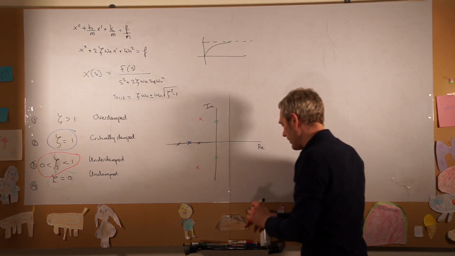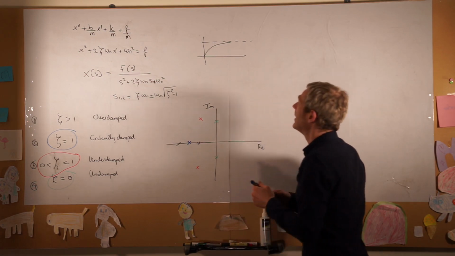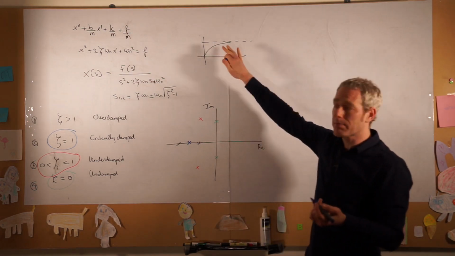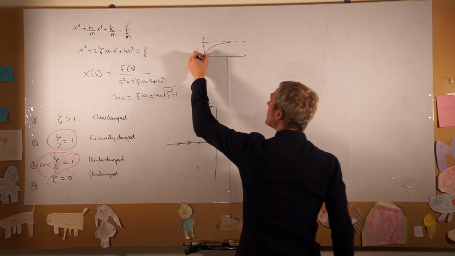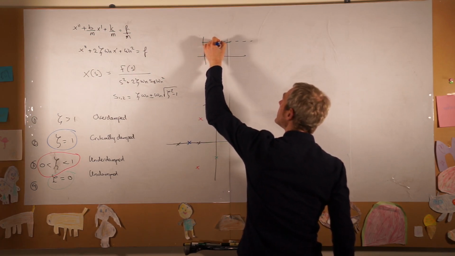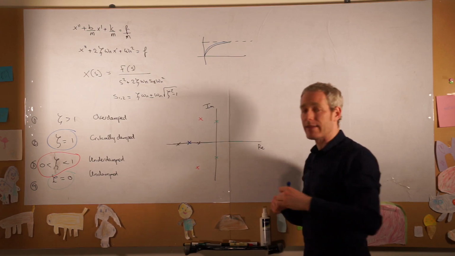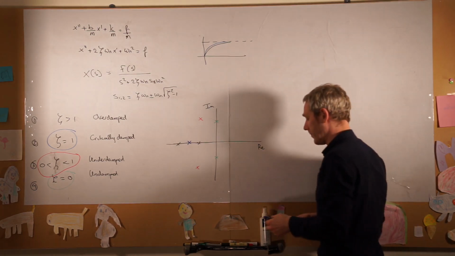In blue, if we have a critically damped system, it will be a similar profile, but it will go to that value a bit faster and then continue on to that limit.